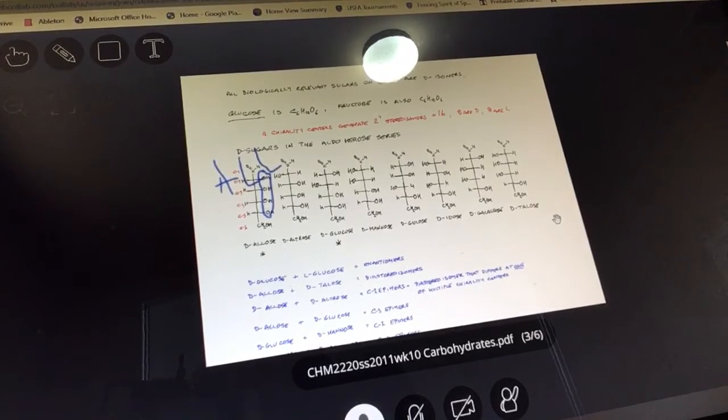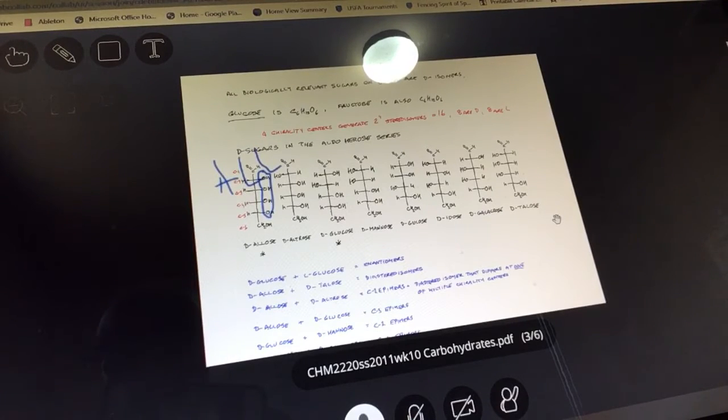Allose is going to be easy to remember because the prefix for allose is ALL, and all of our alcohols are on the right-hand side. So you'll see underneath D-allose, there is a little asterisk. This one says memorize me.